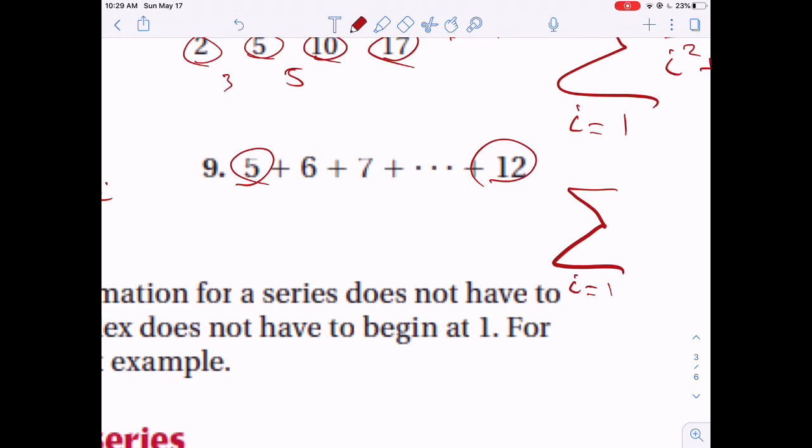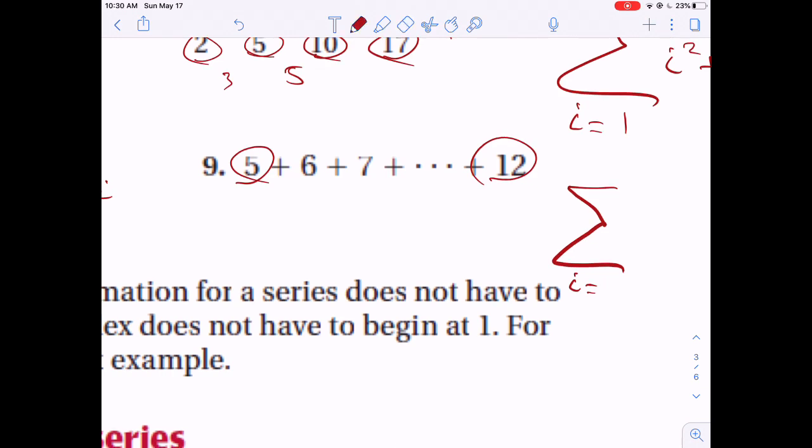There's several answers to these when you're writing these rules. If I don't want to start from 1, I can start at 5. So I go right from 5 to 12, counting up by 1. And that's the simple rule right there, 5 to 12. And they just go on, adding 1 along the way. You start with 5, you go to 6, you go to 7, all the way up to 12.